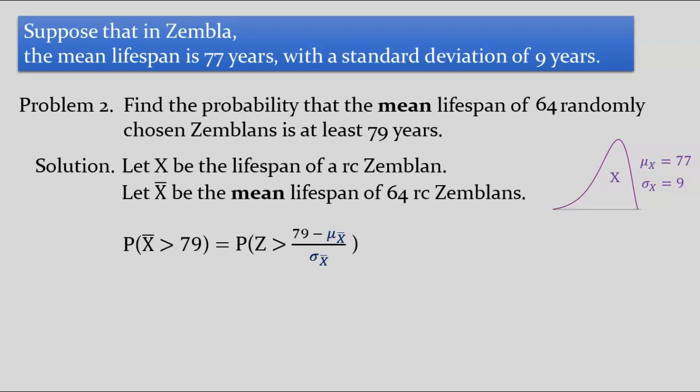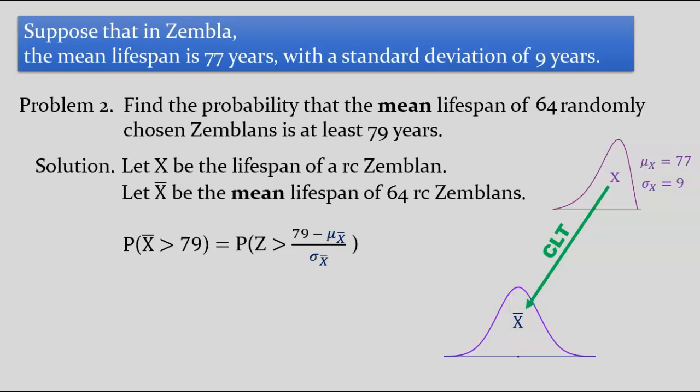So the question is, is x bar normally distributed? X isn't normal, so x bar doesn't inherit normality, but the central limit theorem tells us that if the sample size is sufficiently large, which it is, 64 is considerably bigger than 30, then x bar is normally distributed. So yes, x bar does have a z skeleton, and standardizing it to z is perfectly legitimate.